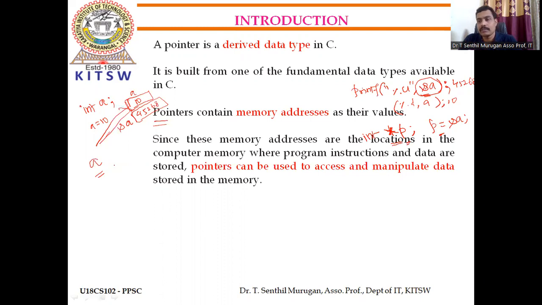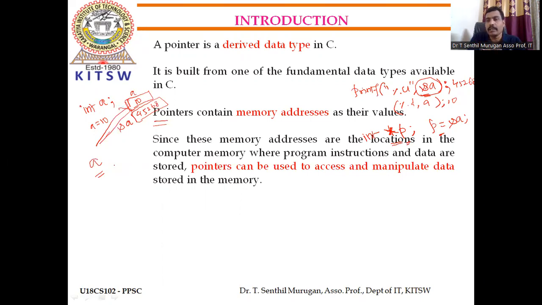That is the address. The street location, which house number, which area, which city, everything is given. Same like that, this memory location has one address. With that address we can access the value directly, whatever value is stored in that location we can take it. So now we have assigned a equal to 10, which means 10 is the value of a.